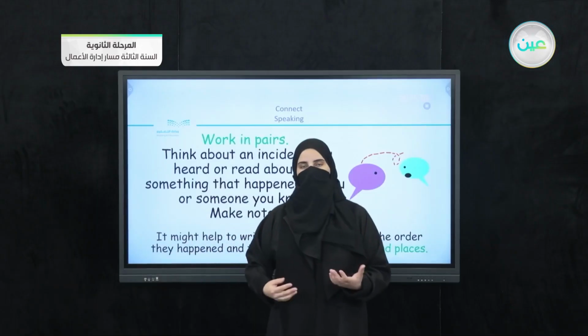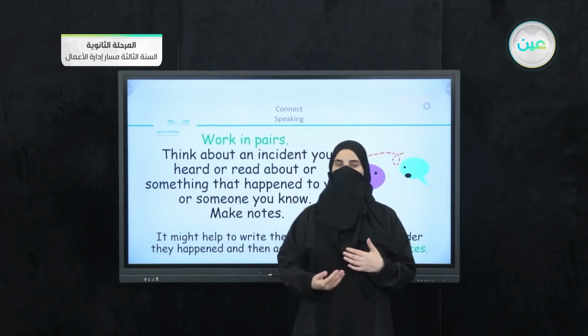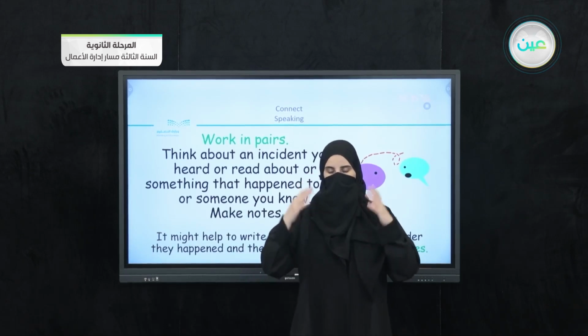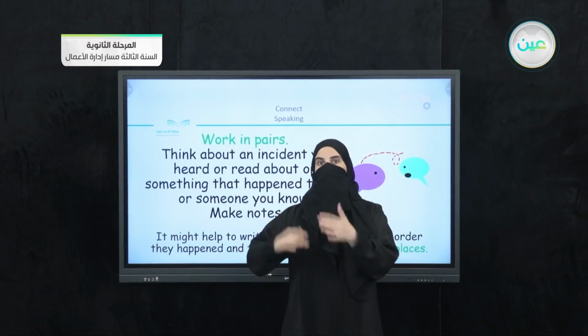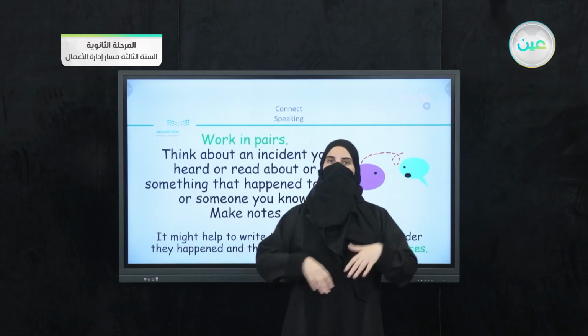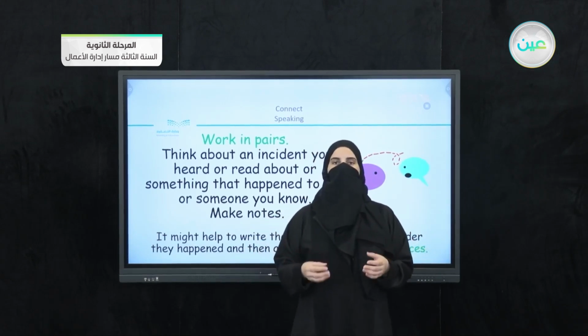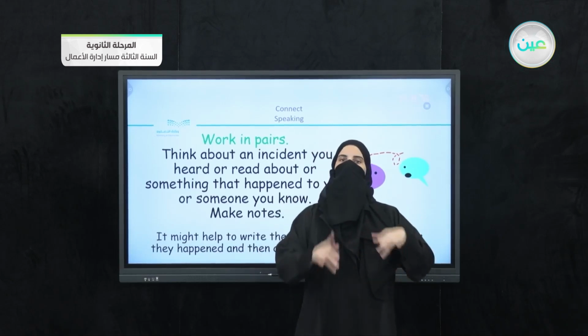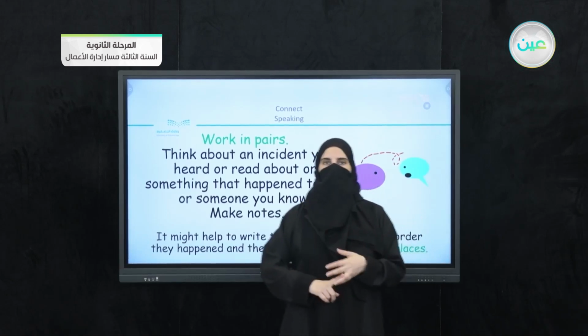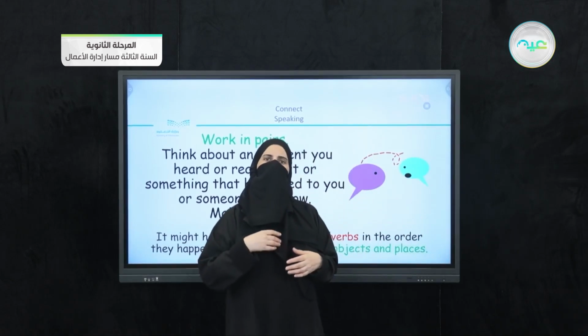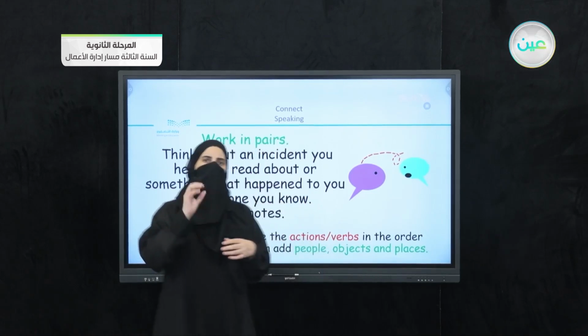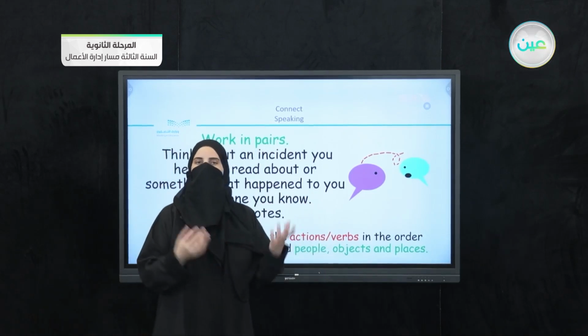When you are writing your story or preparing yourself, you know the order in which the actions happened. The first thing happened, the second thing, the third thing. And within these actions, you can apply your nouns. We have adjectives, different feelings, objects, places, and so on that we can add.